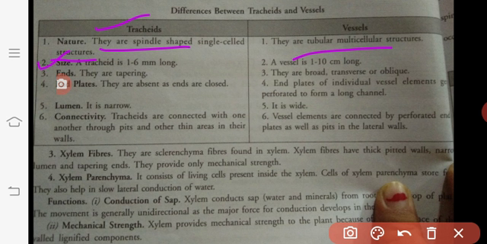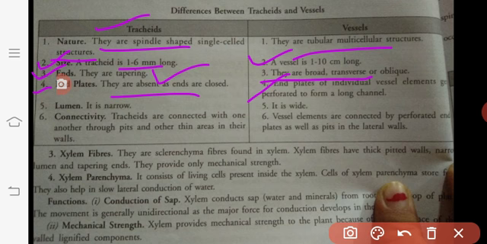Size: a tracheid is 1 to 6 millimeter long, a vessel is 1 to 10 centimeter long. Point number 3, ends: in tracheids they are tapering; in vessels they are broad, transverse or oblique. Point number 4, end plates: they are absent in tracheids as the ends are closed.